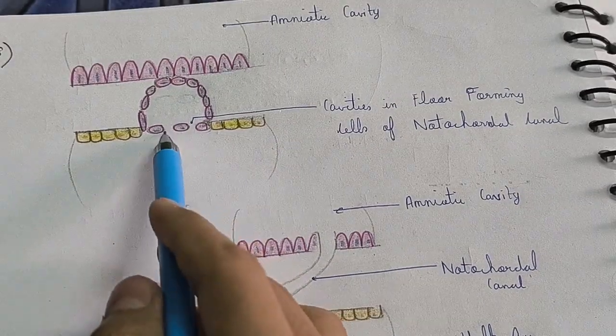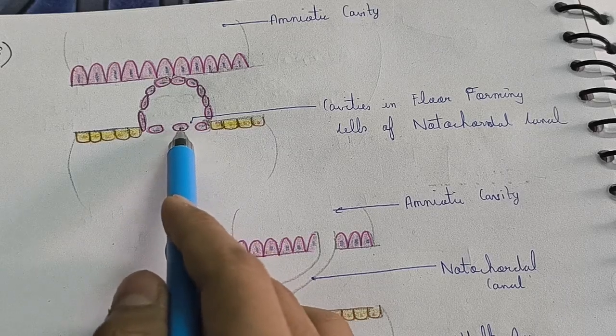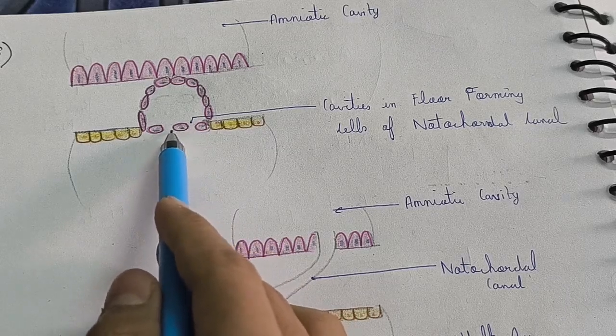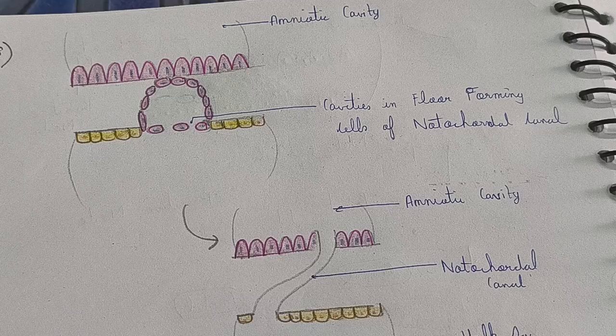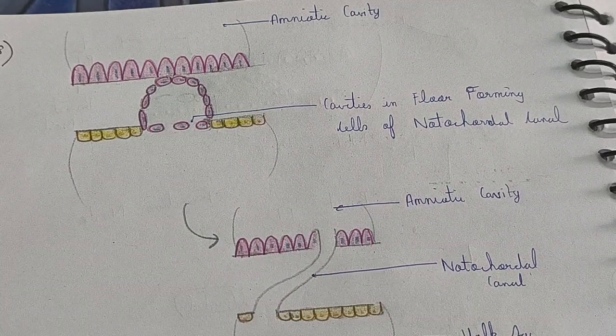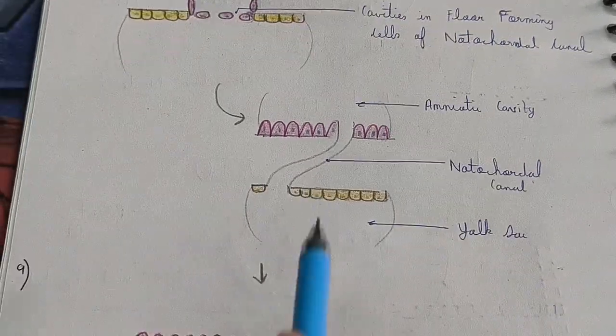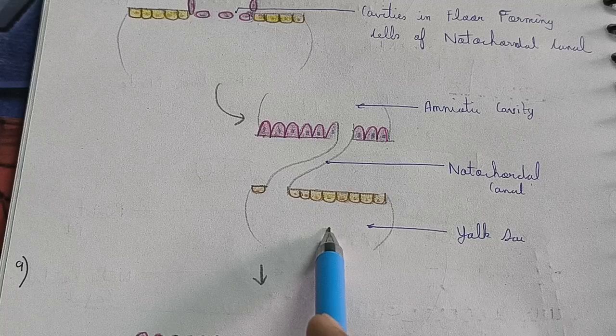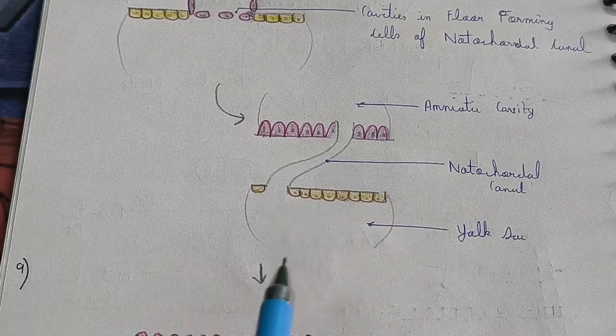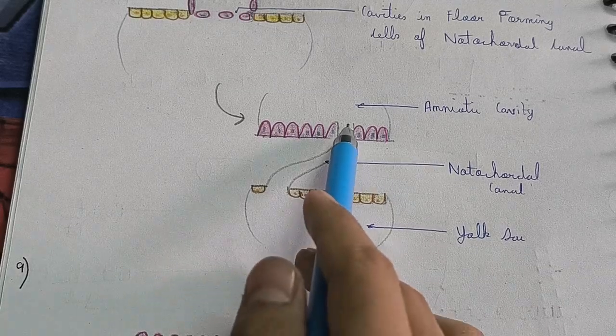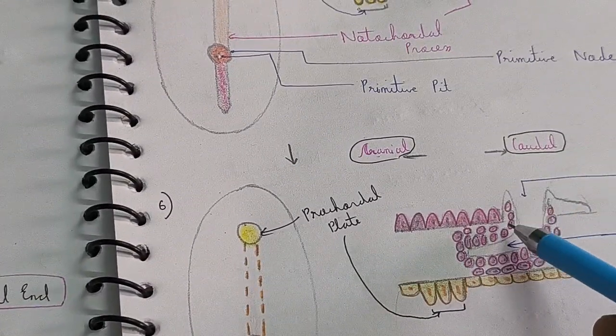Now in the floor-forming cells of the notochordal canal, cavities are made. Due to that, the notochordal canal is connected with the yolk sac, and the notochordal canal is also connected with the amniotic cavity through the primitive pit.